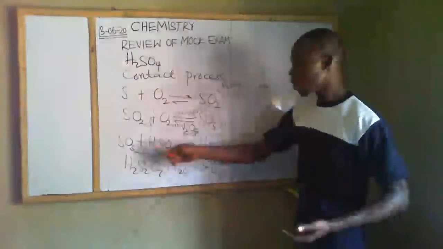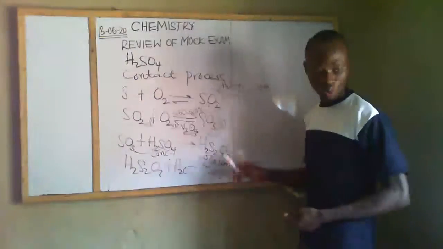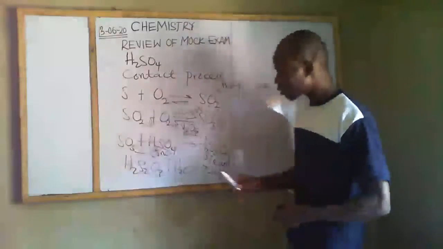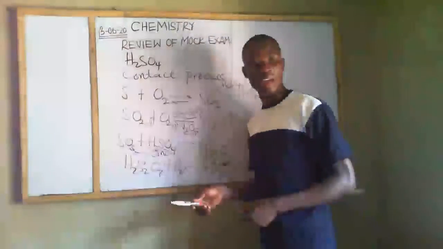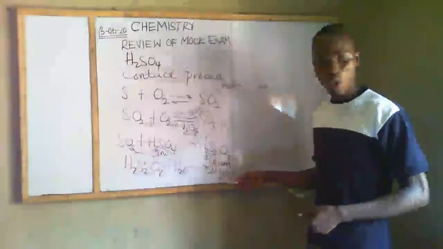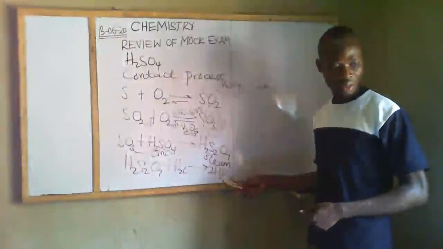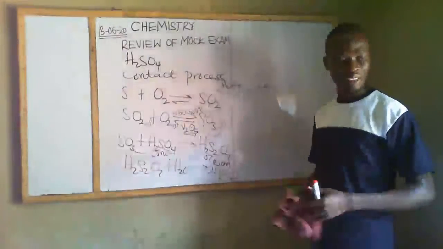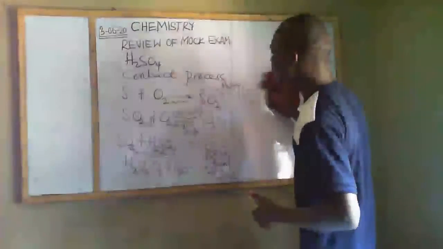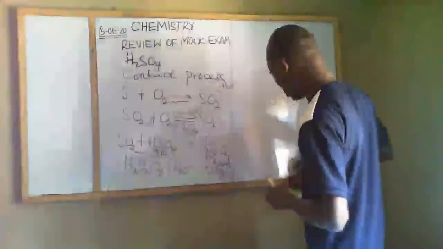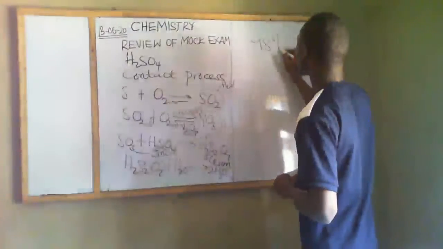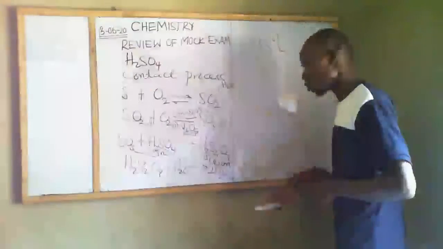This is oleum, a viscous liquid. The oleum will now be diluted to give you tetraoxosulfate 6 acid. This acid is obtained 98% pure. This is the concentration of the H2SO4 obtained by the contact process.